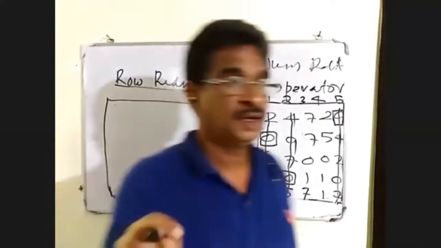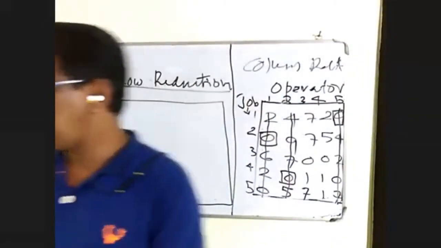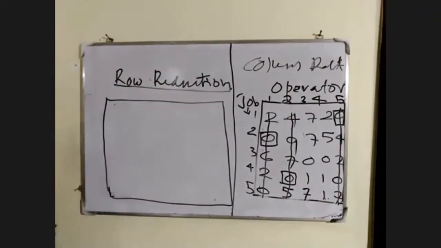After scanning the last row, check whether all the zeros are covered with the lines.